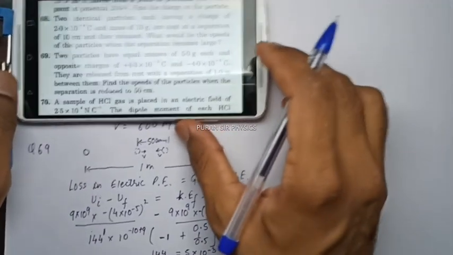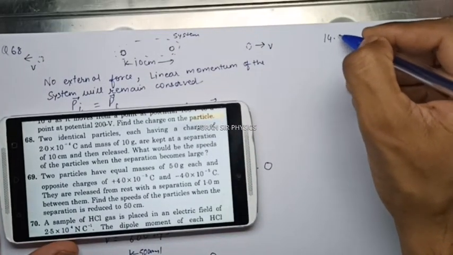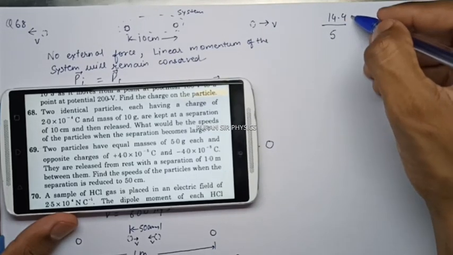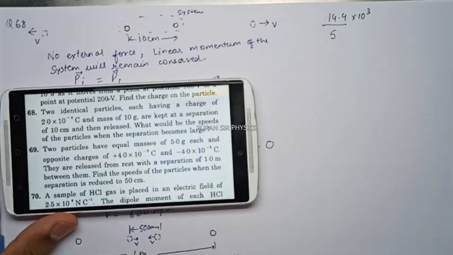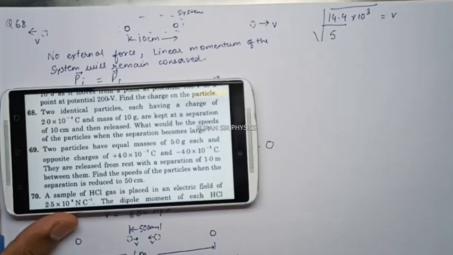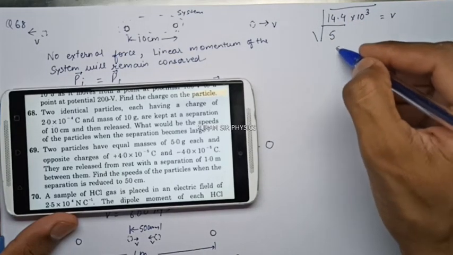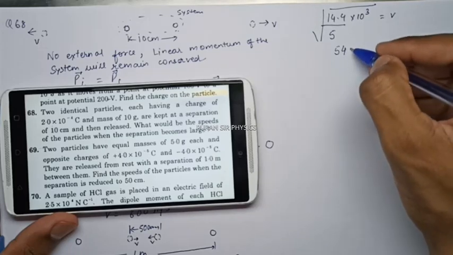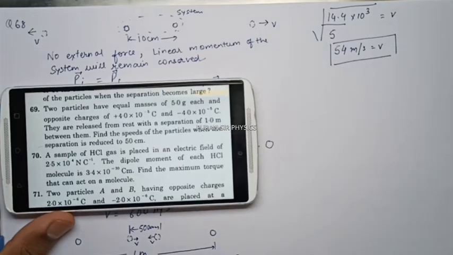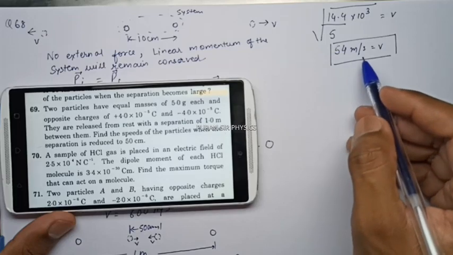And we can write v equals the square root of 14.4 divided by 5 into 10 raised to minus 3. So when we solve this, we will get 54 meter per second. So both the particles will be moving with a speed of 54 meter per second.